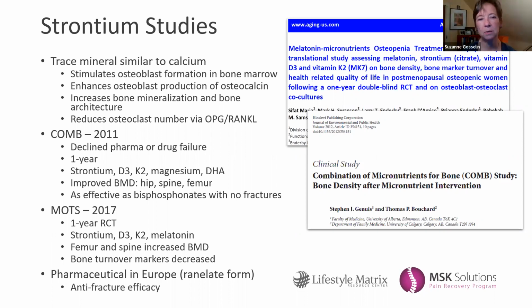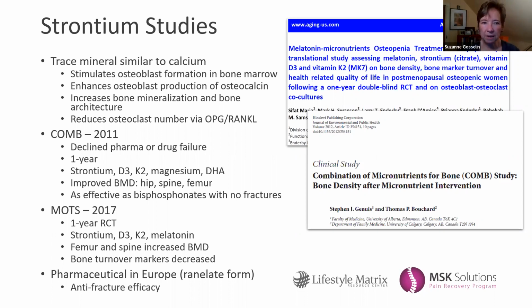Two important studies looked at the benefits of strontium. One was a combination of micronutrients given for one year to women who either declined pharmaceuticals or had drug failure with the pharmaceuticals.